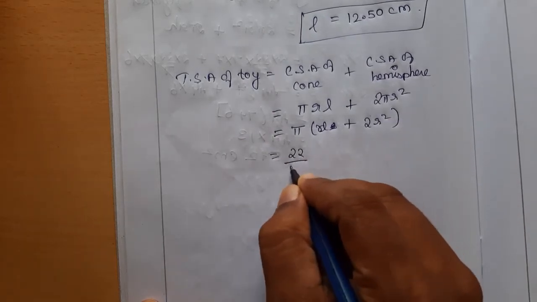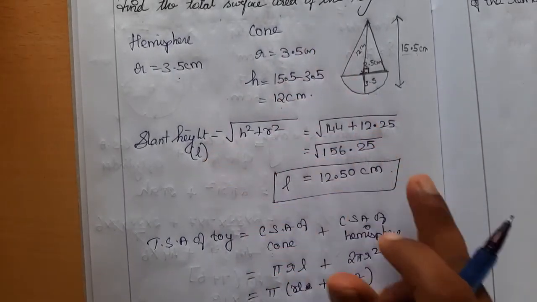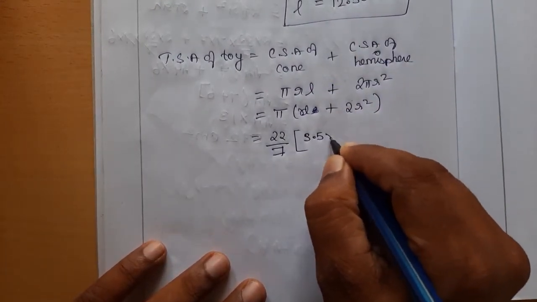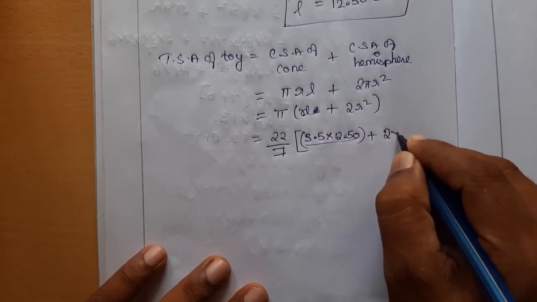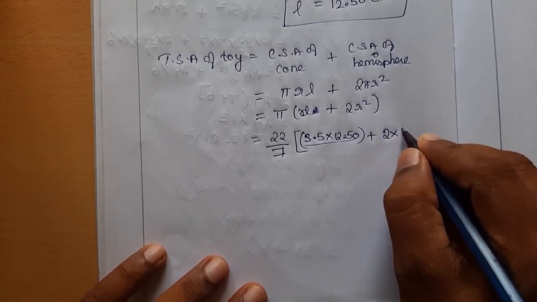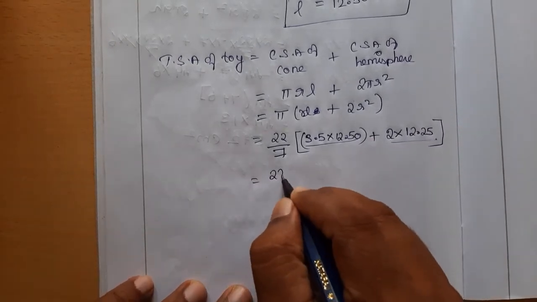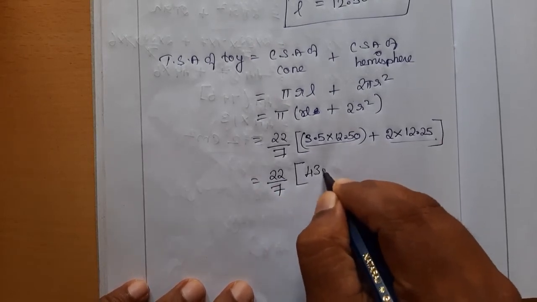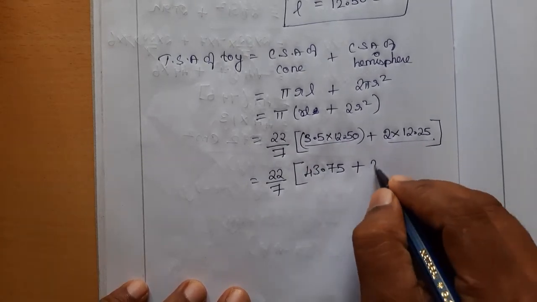Pi is 22 by 7, and the radius is the same, both have the same 3.5, and l is 12.50, right? So 3.5 into 12.50, this is one set, plus 2 into r square, 3.5 square, 3.5 into 3.5 is 12.25. You already found it. So just multiply and then we can add. So 3.5 into 12.5 will become 43.75, plus 2 into 12.25 will become 24.5.